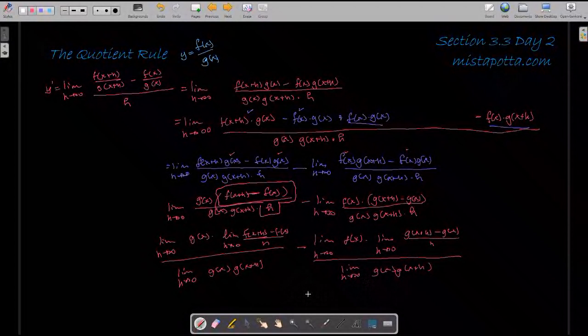And several things happen here. One, this limit here is the derivative of f. Two, this limit here is the derivative of g.